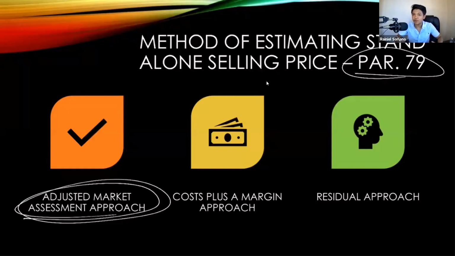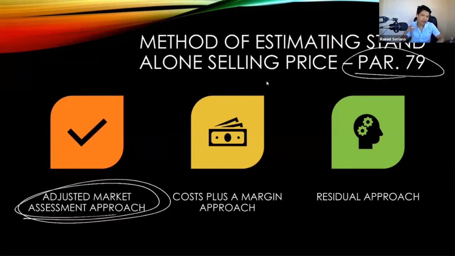You with me? That is why, right, the price of the competitor now will be considered as the standalone selling price with few adjustment, of course, to that price. Kaya siya natawag na adjusted market assessment approach. Sir, bakit adjusted? Because we should consider as well the quality and all other factors related to the performance obligation.